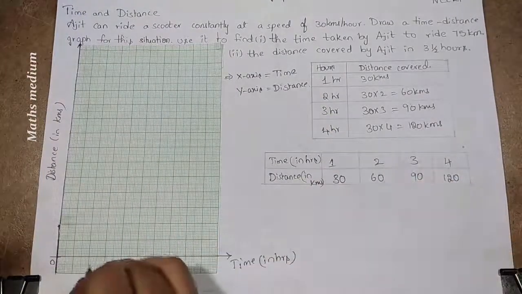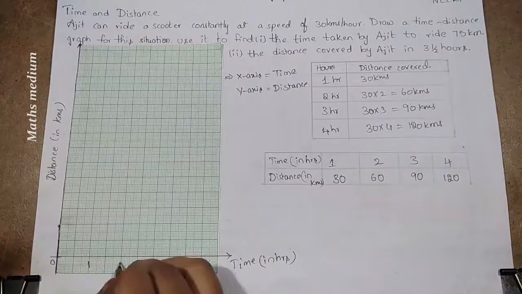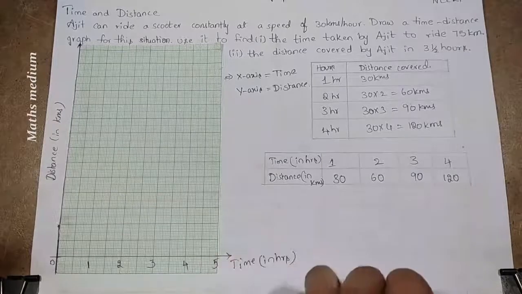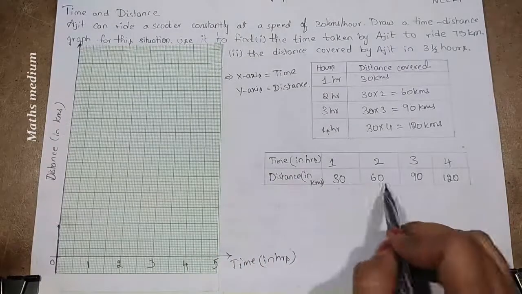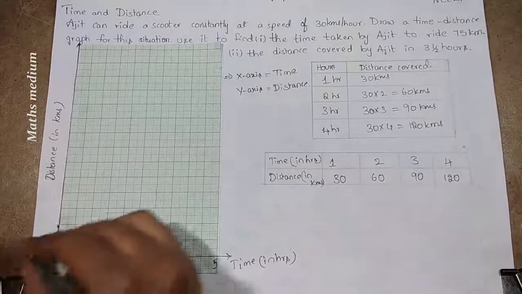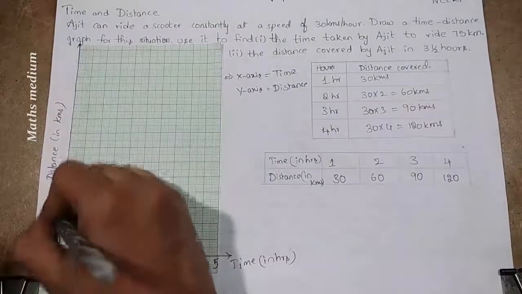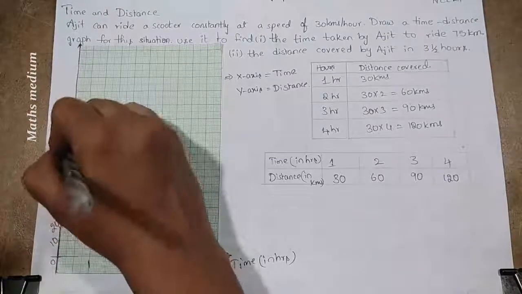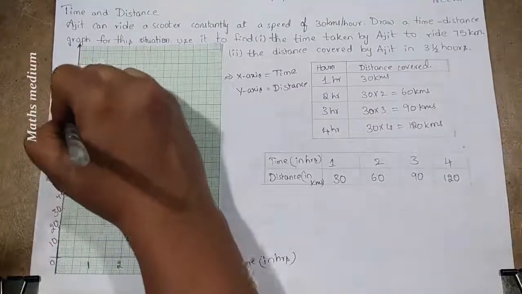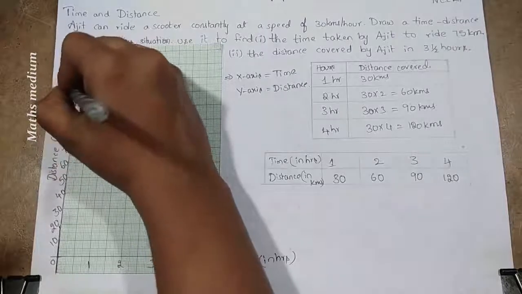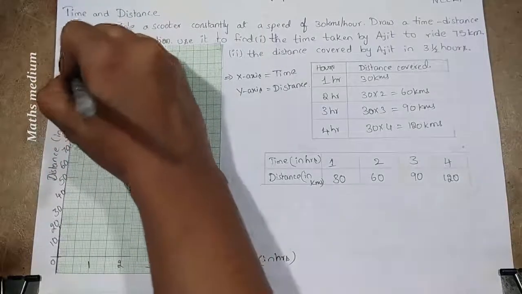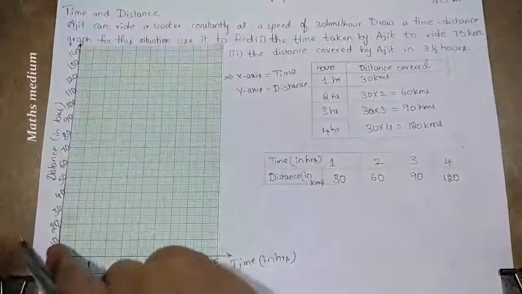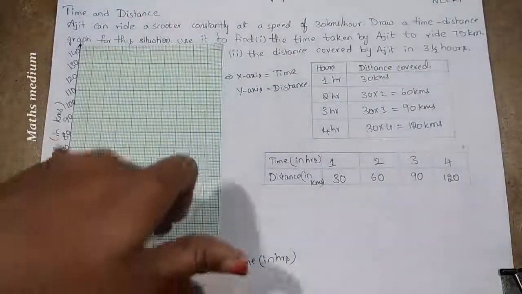For time, I am taking 1, 2, 3, 4 and 5 like this. And for distance 30, 60, 90, 120, see here I am taking 10, 20, 30, 40, 50, 60, 70, 80, 90, 100, 110, 120, 130, 140. So here I am taking each unit as 10 kilometers in distance.